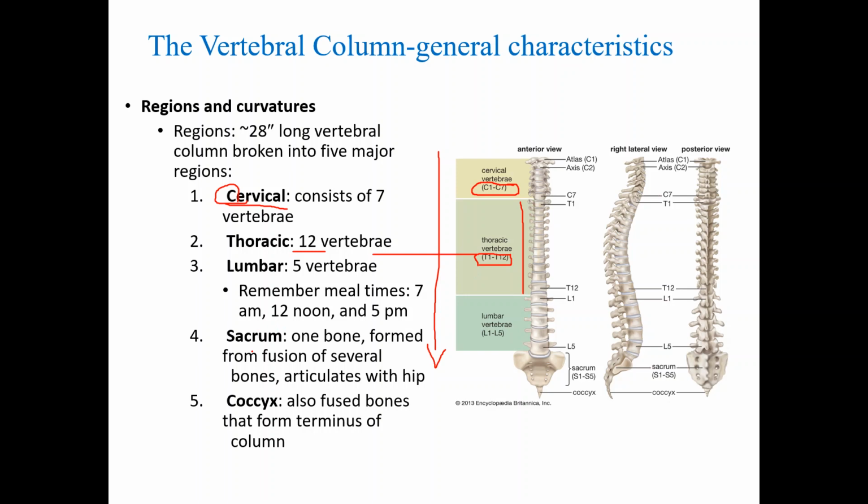And then there are the lumbar vertebrae, which are 5 vertebrae from L1 to L5, in this area. Then we have the sacrum, which is 1 bone formed by 5 fused bones, which forms this more massive, more supportive structure here. And then there is the coccyx, which is also fused from several bones, typically 4 bones.